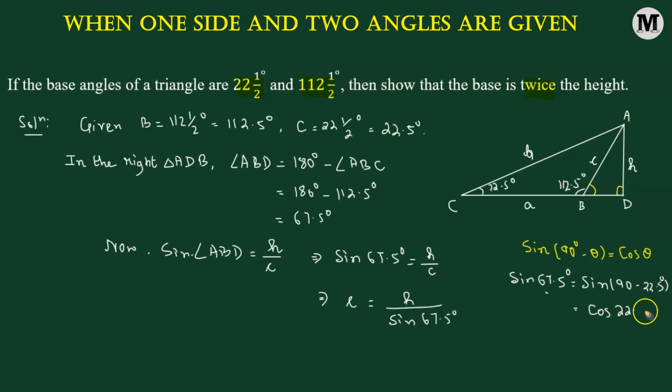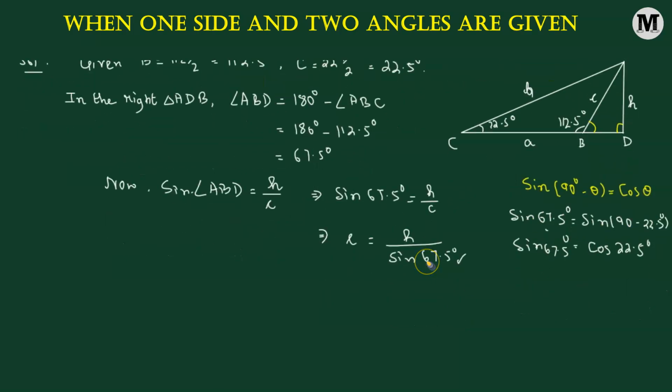So we have cosine of 22.5 degrees, which means that sine 67.5 degrees is the same as cosine 22.5 degrees. In other words, we can replace the sine 67.5 with cosine of 22.5. The side measure c is going to be h, the altitude, divided by cosine of angle 22.5 degrees. We're going to keep this aside for the time being.